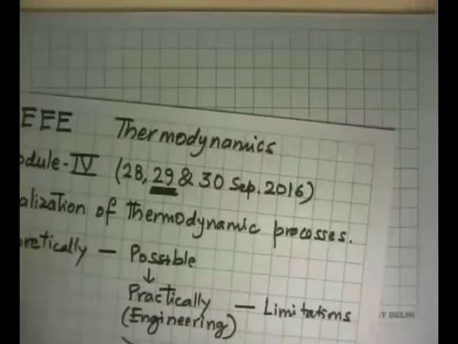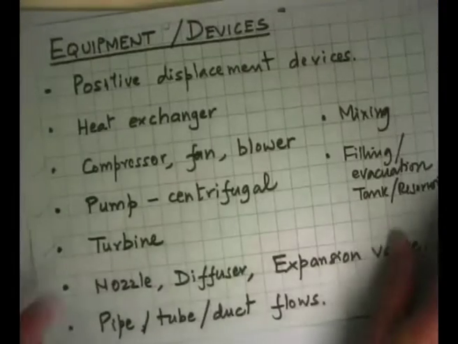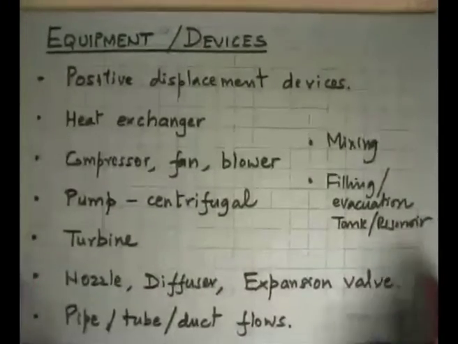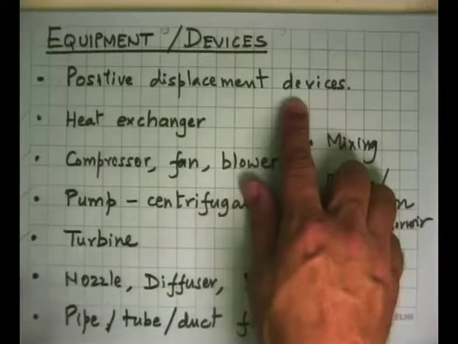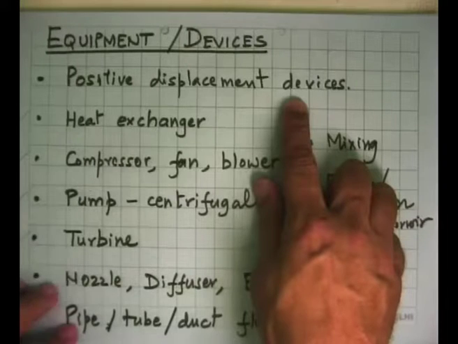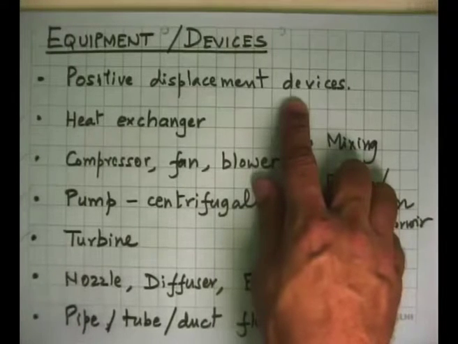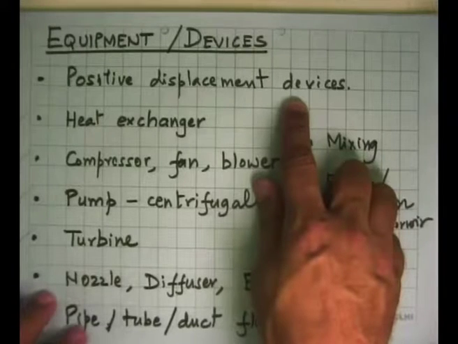So yesterday, we looked at these devices, positive displacement devices. In particular, something that keeps coming up, and we'll look at it again, is the cylinder piston arrangement, a closed system in which working substance does various things.